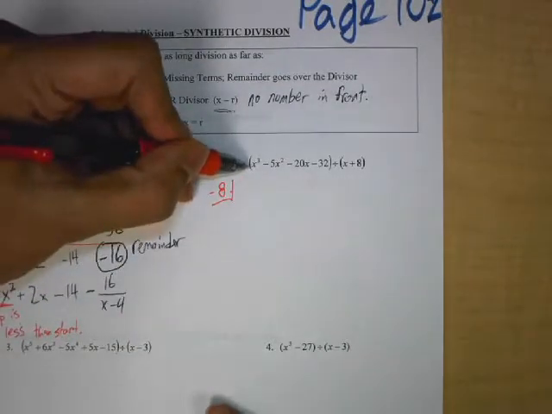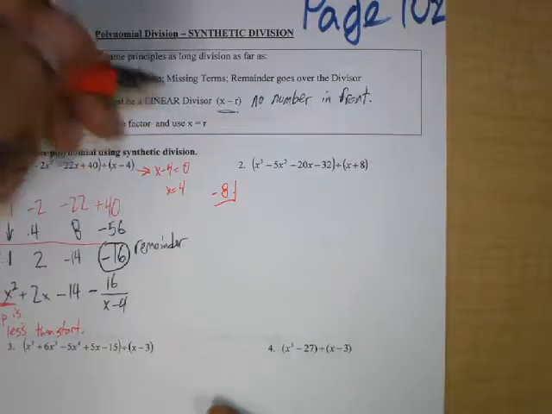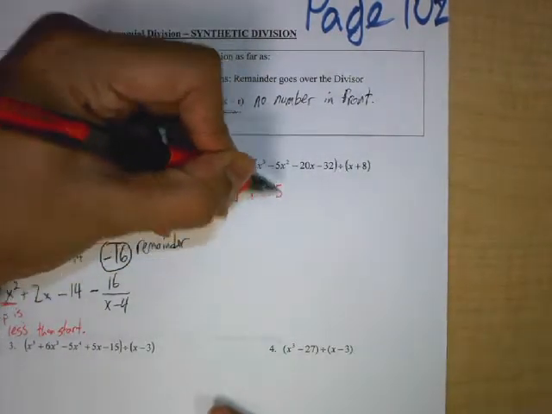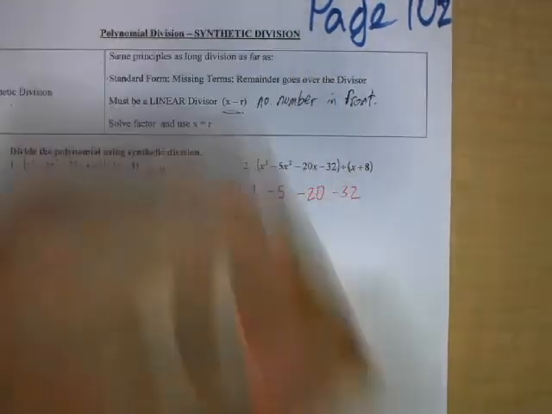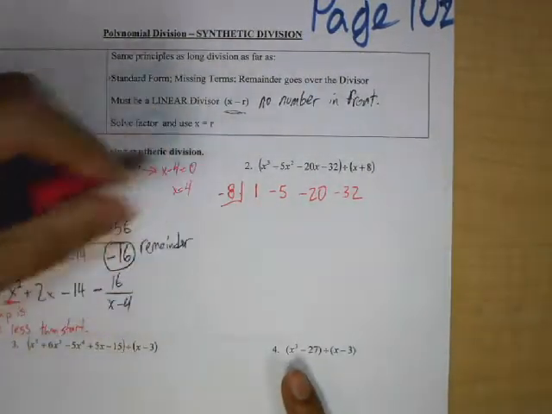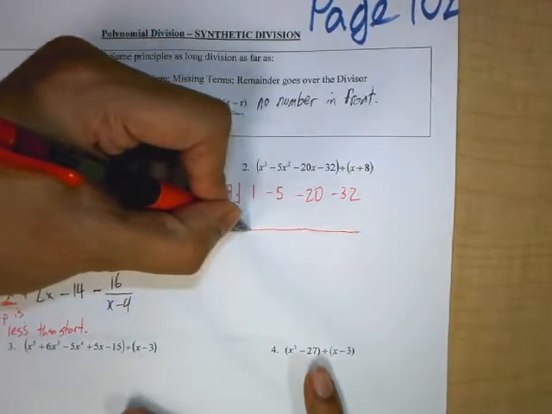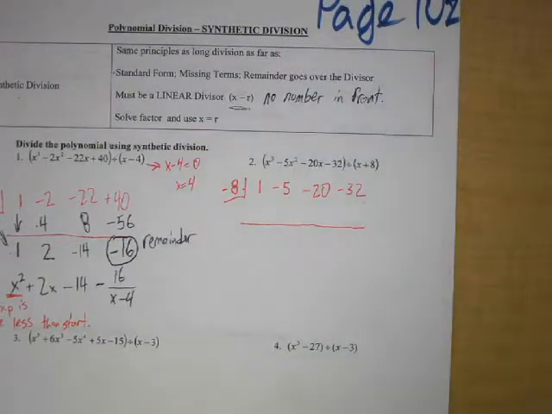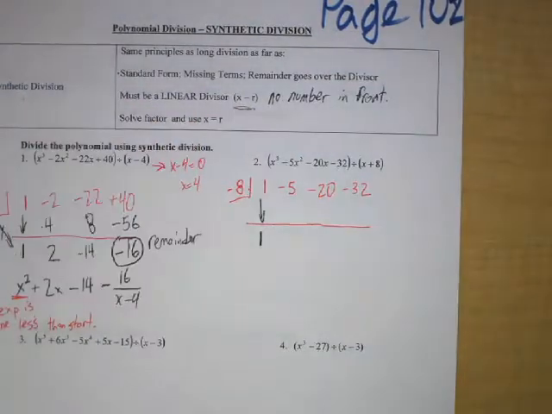Now I've got my coefficients: 1, negative 5, negative 20, negative 32. Again, we just write down the numbers, don't write down the x's. Let's add our equals line. And the first number, again, is just going to come down. That 1 is just going to come down.